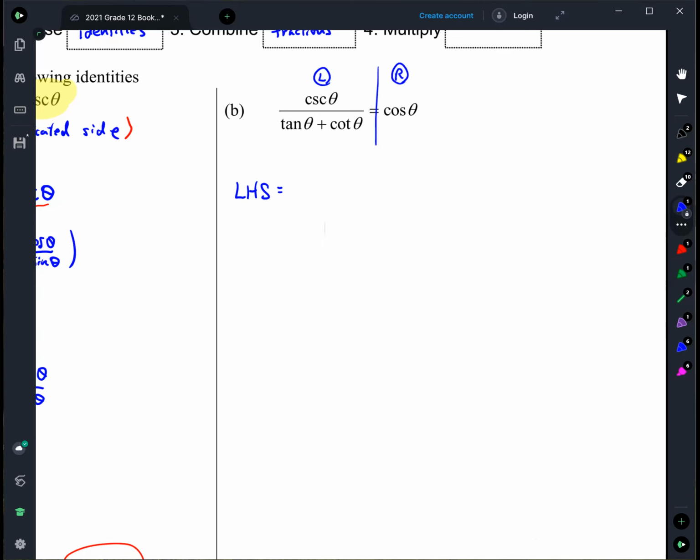What are you going to do with the left side? How do you change the left side into just sine or cosine? That's what I want to see right now. Please raise your hand if you have the first line.